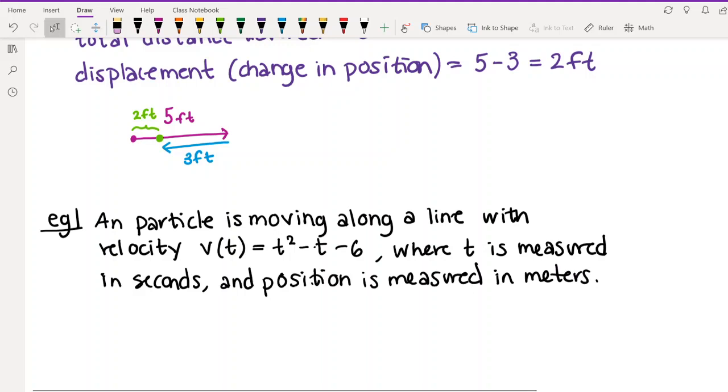And by the way, you'll notice this coming up in a lot of these problems, they'll often say that a particle is moving along a line. The reason for that is that we're not really equipped with the tools in this class to talk about the velocity or acceleration for an object that is moving in more than one dimension.